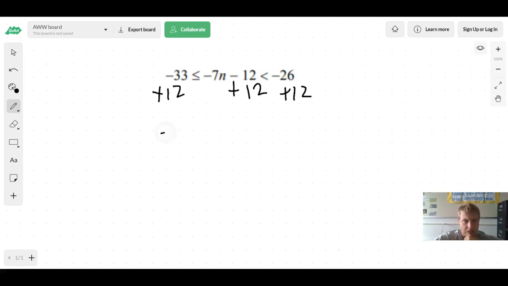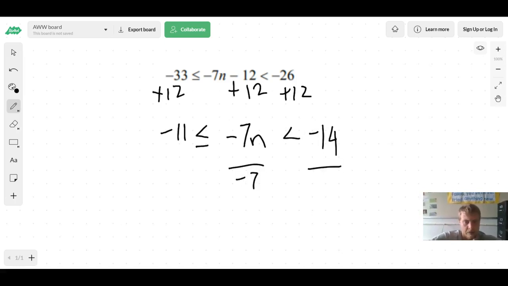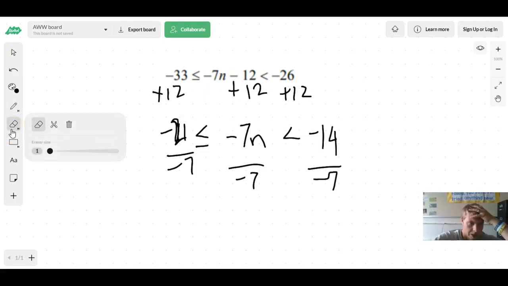So that's going to give me negative 11 is less than or equal to negative 7n, which is less than negative 14. And now what we would do is we divide by negative 7. But instead of that just affecting one thing, again, that's going to affect both sides. Whoops, that was 21. Sorry about that. My math there was bad. It happens sometimes.